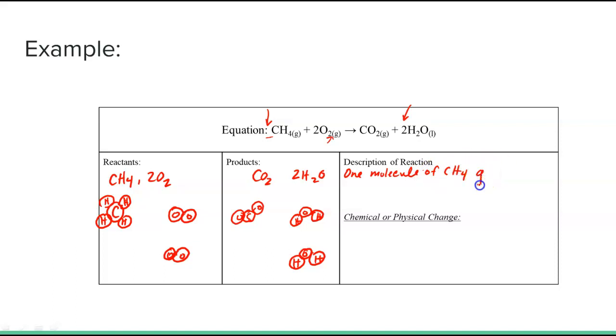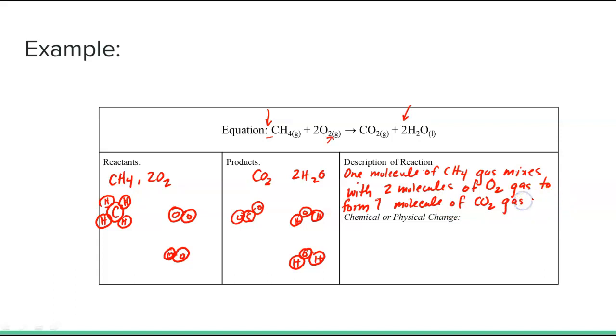CH4 gas, don't forget your state of matter, mixes with 2 molecules of O2 gas to form 1 molecule of CO2 gas and 2 molecules of H2O liquid.